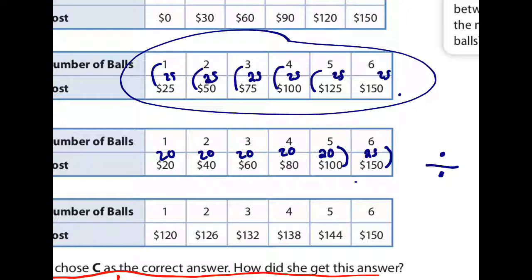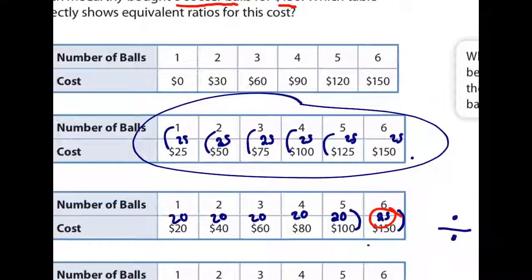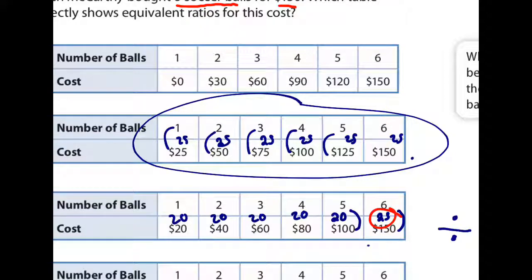Because this one is different, it's not equivalent with the other ones. Okay? I could do that with any one of these. So I can say 150 divided by 6 is 25. But 120 divided by 5 is only 24. Interesting. Now, if you get something different, they're not equivalent ratios.